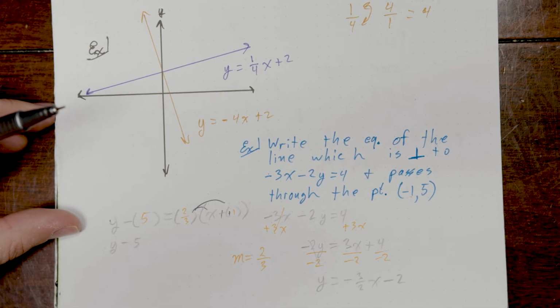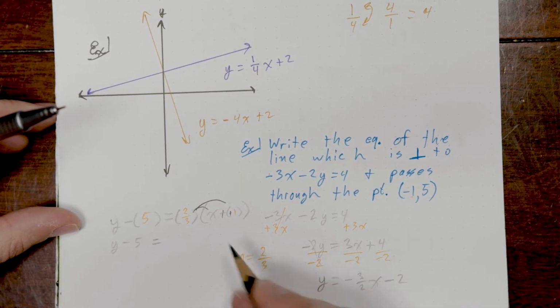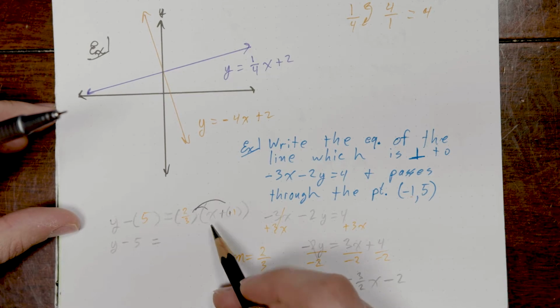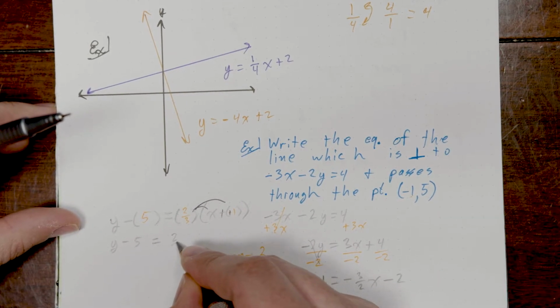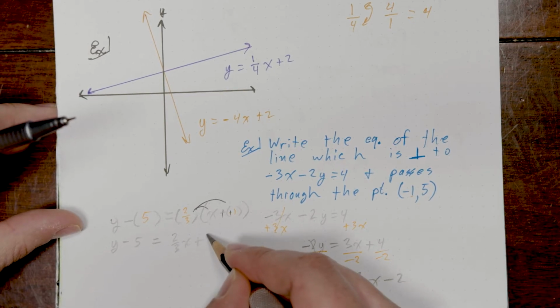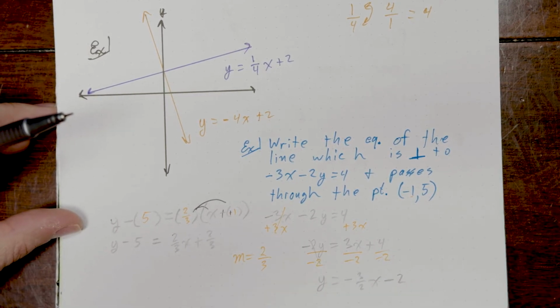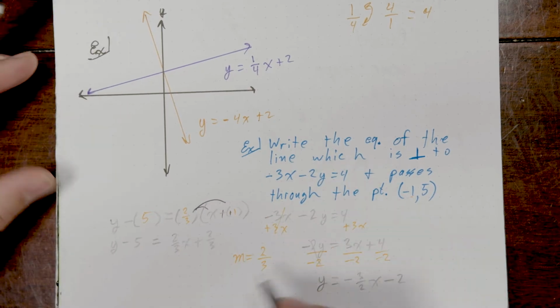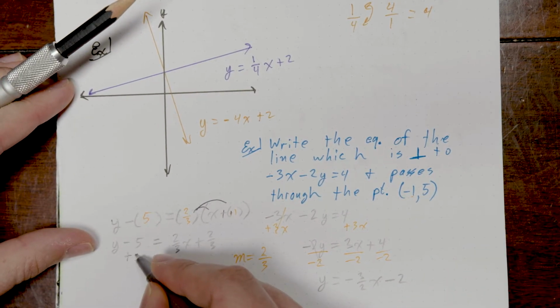We haven't touched anything over there. So that equals 2/3 times x is 2/3 x. 2/3 times 1 is 2/3, so this would be plus 2/3. And then we would, of course, add 5 to both sides.